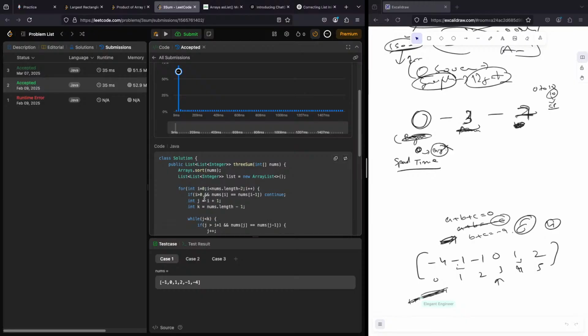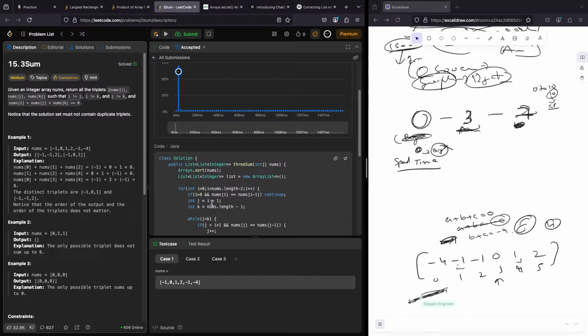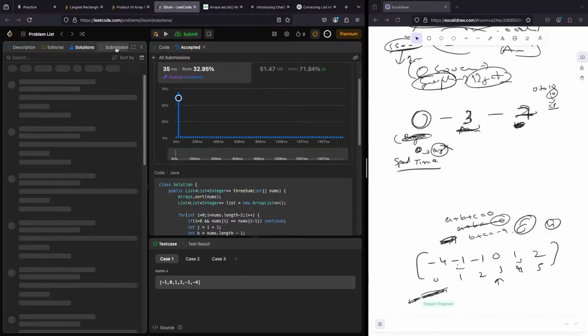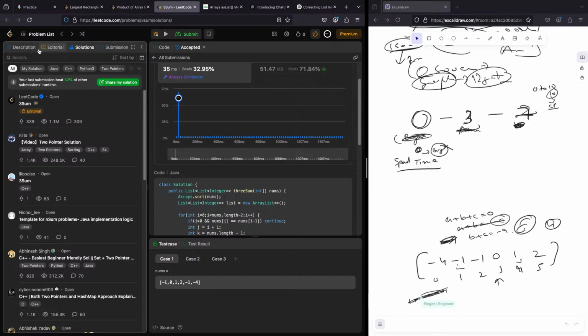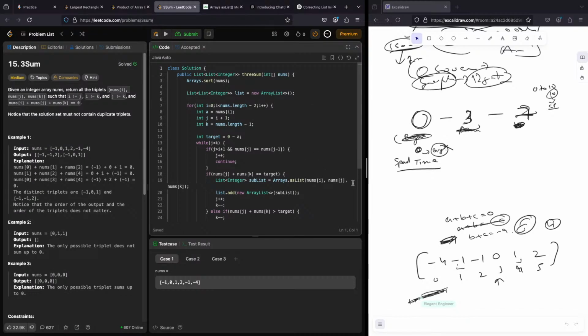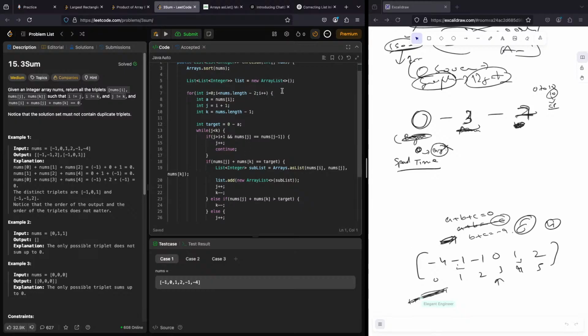If I is also same, that means this check is missing. Yeah, makes sense. Because this is coming when your I is also same.